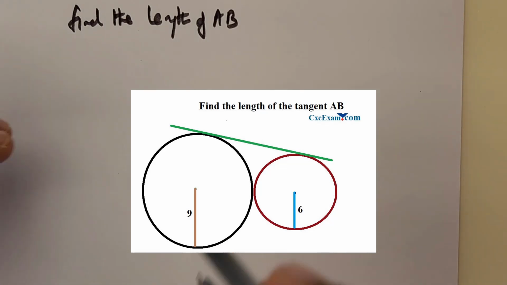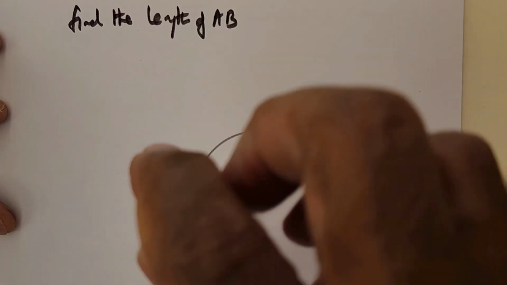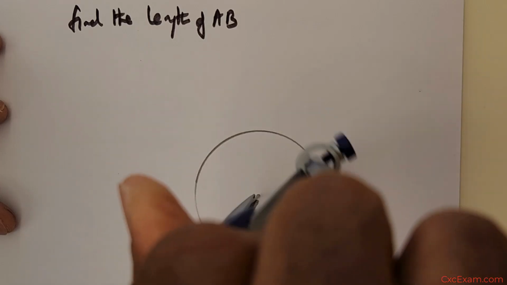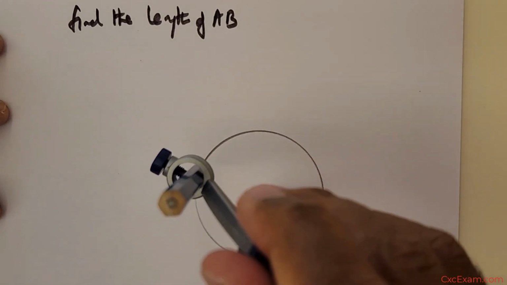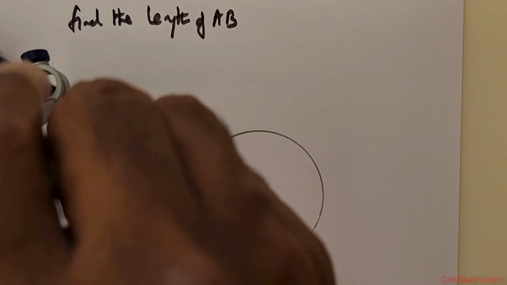Okay, so we got two circles. I'm going to be drawing these circles. Okay, and then there's another circle.